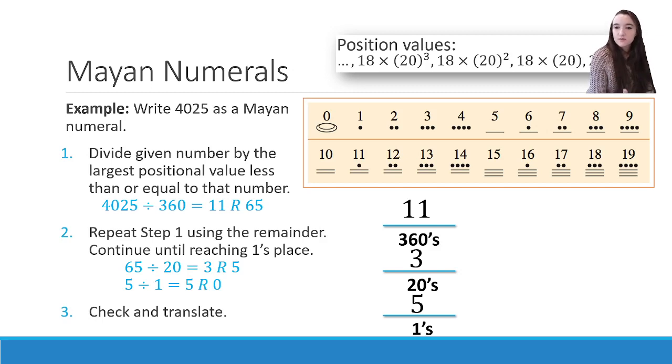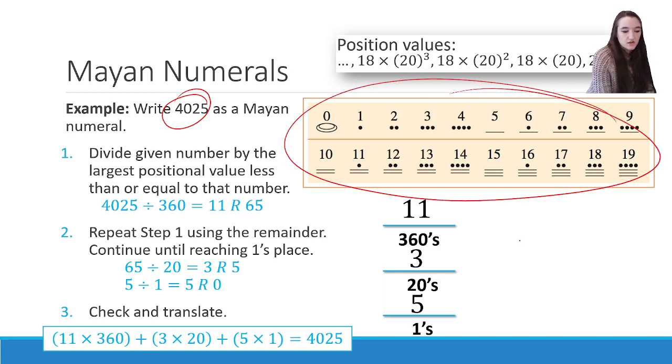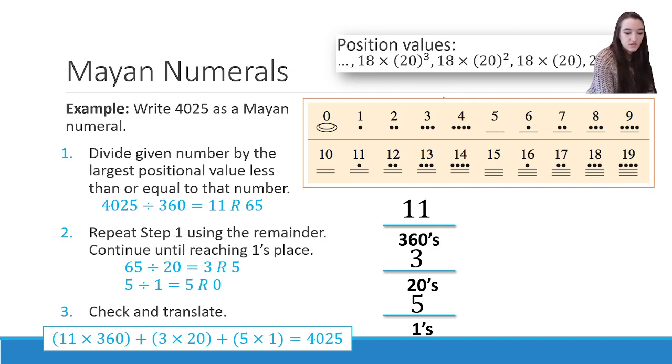And now we check to make sure that we got all of that right by doing the multiply and add. Multiply, add. Multiply, add. Multiply. Right? So 11 times 360 plus 3 times 20 plus 5 times 1 does in fact equal 4,025. So that tells us we did it right, and we just need to finish up by actually translating. So to do the translation, we go find the 11, the 3, and the 5, and we write them out in order.